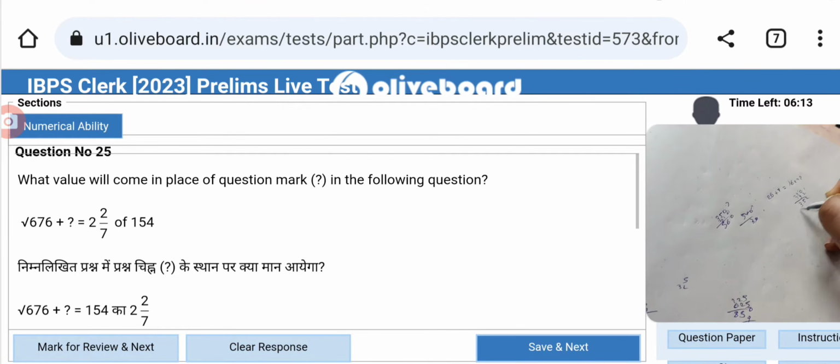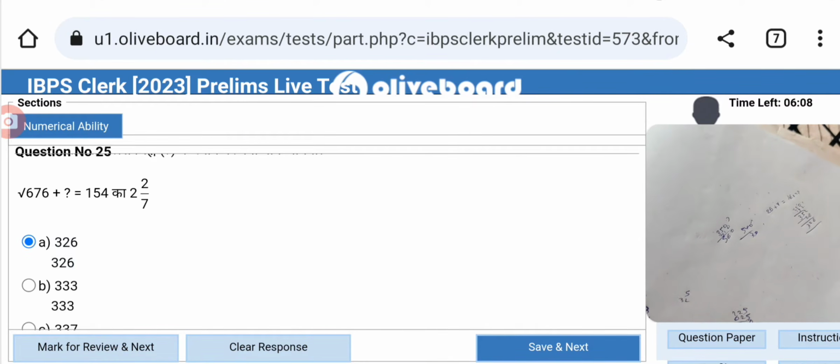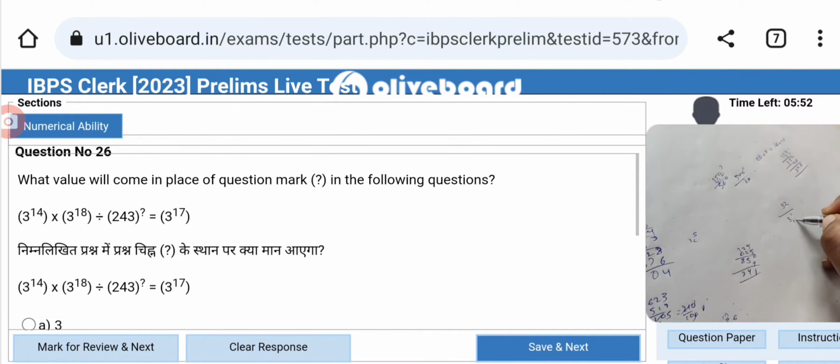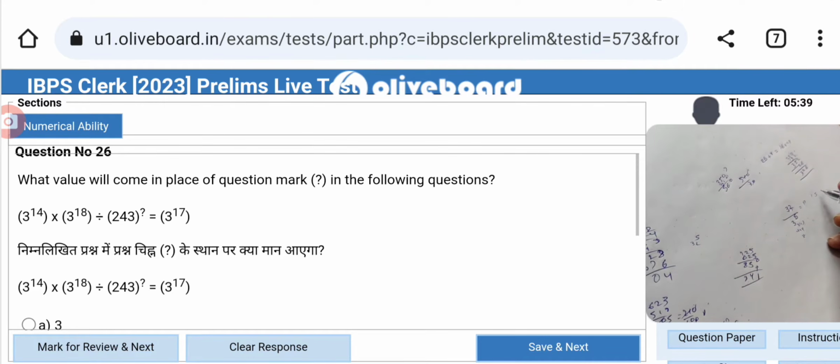So 2, 5, 352, 26. 326, option A. 3 power 32 and 3 power 81, 3 square, 3 cube, 3 power 5, 3 power 17, 15, 3 power 5x, so 3.